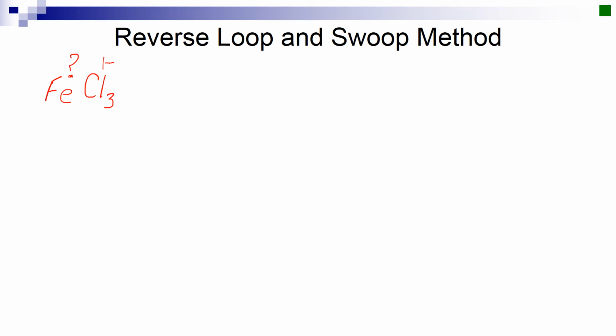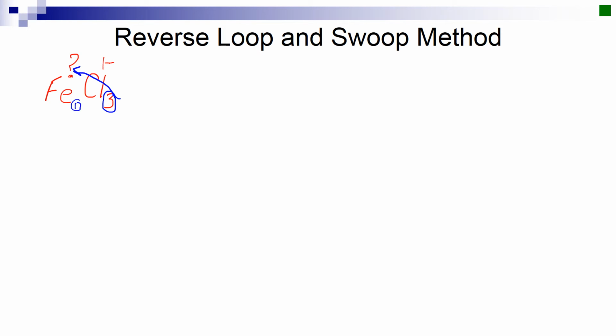So I could do the loop and swoop. Yep. If we do the reverse loop and swoop, we can take your 3 from your Cl and reverse it up. And then you can think of down here next to iron essentially is a 1.